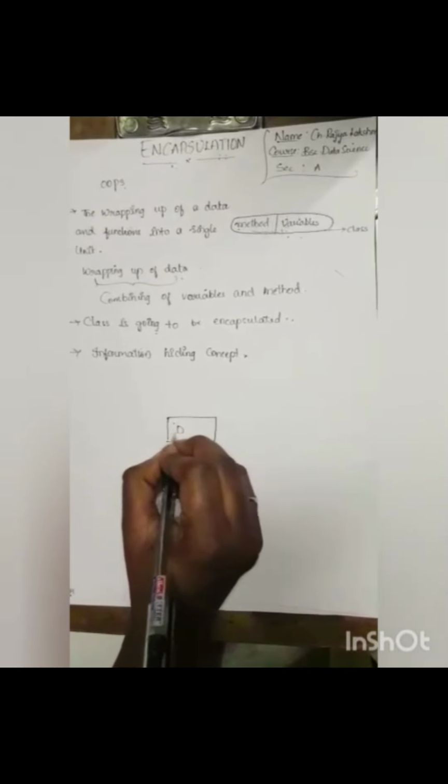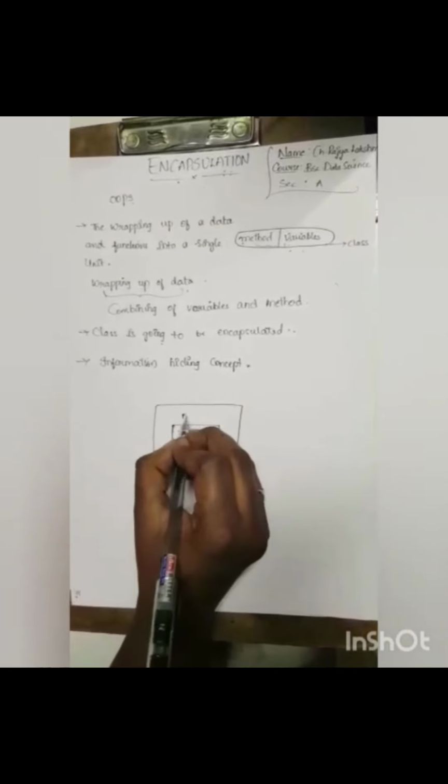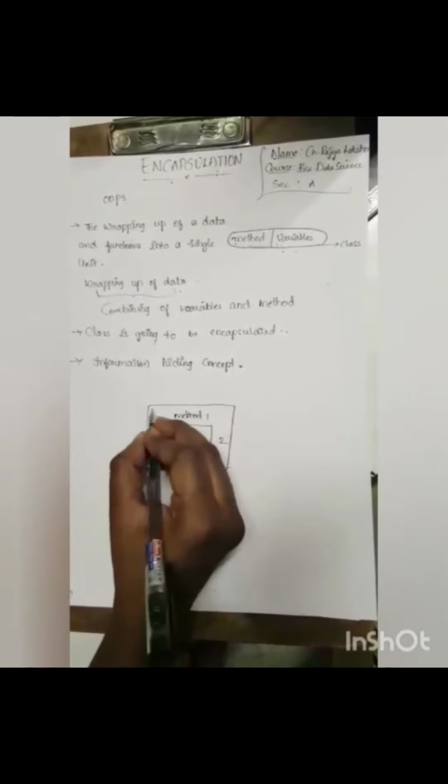For example, I took a data like this, and I took methods like method 1, 2, 3 and 4.